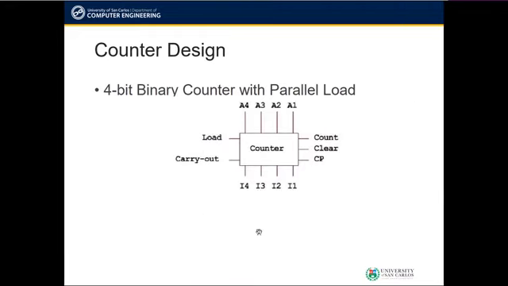In this unit, we shall focus on the use of MSI or medium-scale integration chips or ICs in designing counters. Before we talk about an actual IC or integrated circuit, let us first discuss how most common counters work. We have here a block diagram of a 4-bit binary counter with parallel load IC.